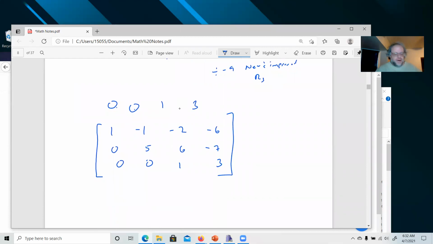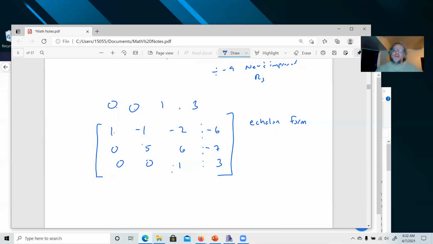Now I can't spell echelon, so I have to write that down too. Okay, this is called echelon form. It's when the main diagonal here has something in it, but all the entries before it are zeros.